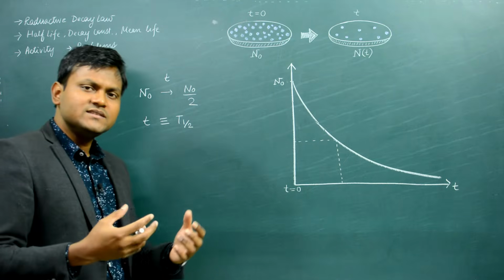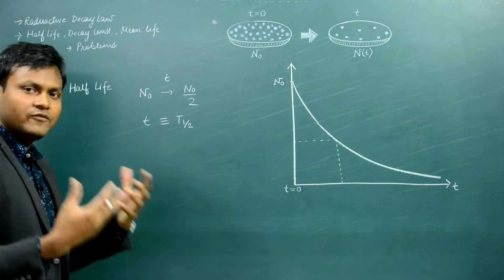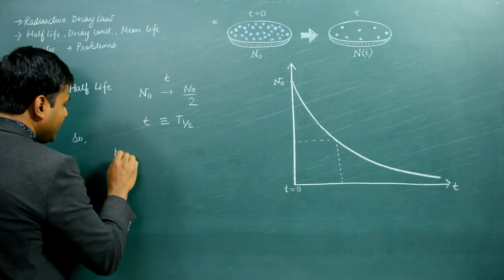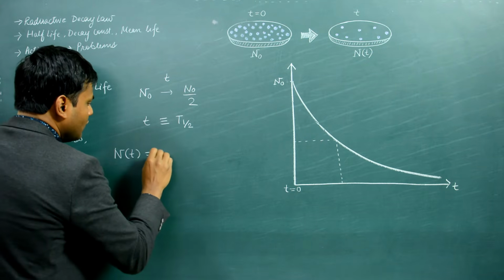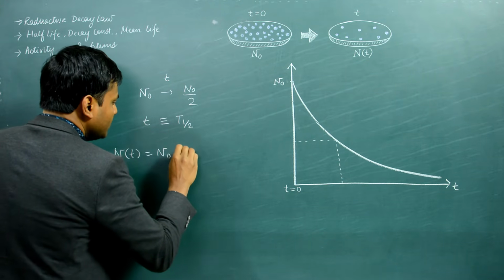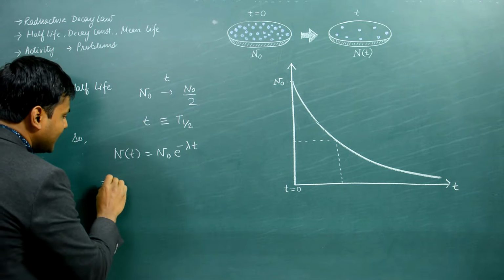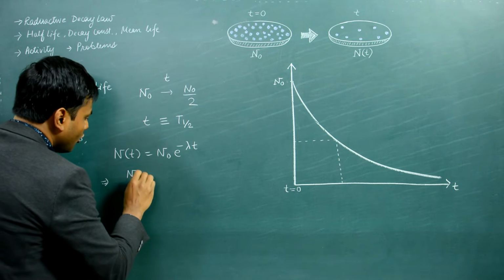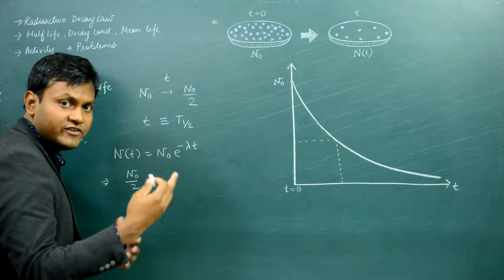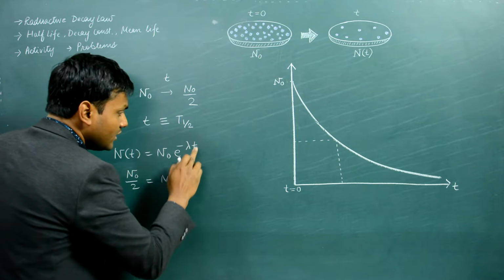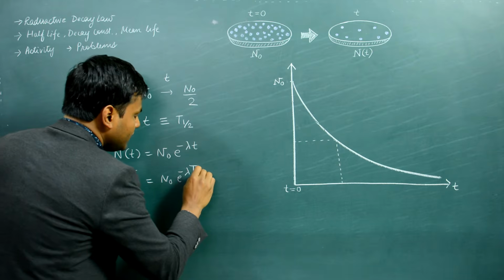And if I apply this definition to the radioactive decay law which we just obtained, which was n equals n naught e to the power minus lambda t, so if T is the half-life, in that case n is nothing but n naught by 2 by definition of the half-life, and this is n naught e to the power minus lambda T half.